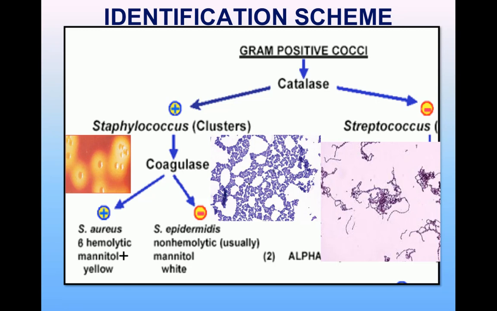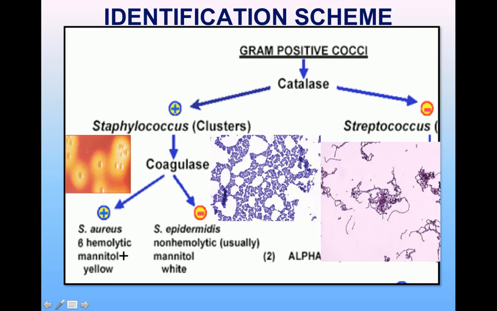Biochemically, staphylococci are going to produce catalase, that is, they are going to degrade hydrogen peroxide, whereas streptococci do not do so. So, if you look at this slide, it is an identification scheme showing you the gram positive cocci. If they are catalase positive, they are going to be staphylococci, and if they are catalase negative, they would be streptococci.